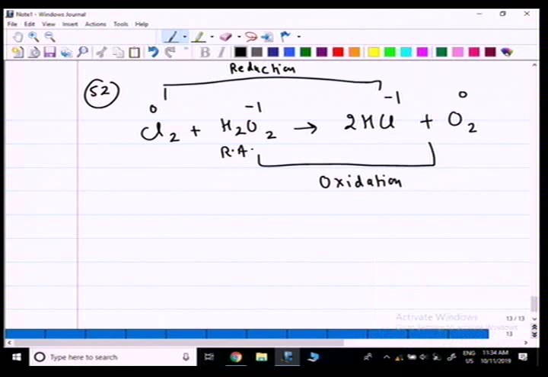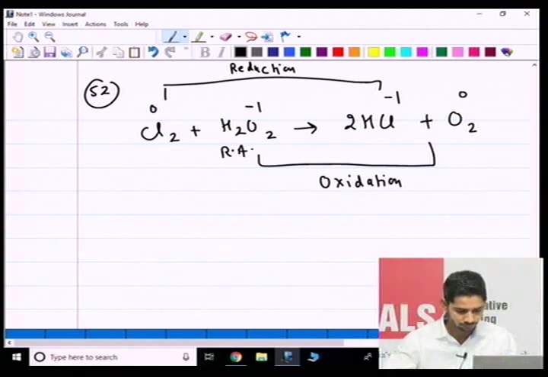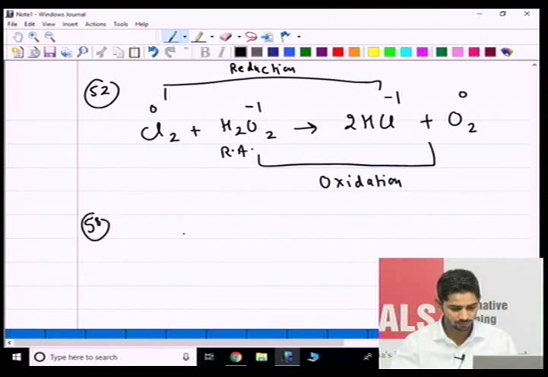58 is the question. A compound contains atom A, B, and C. Oxidation number of A is +2, B is +5, C is -2.